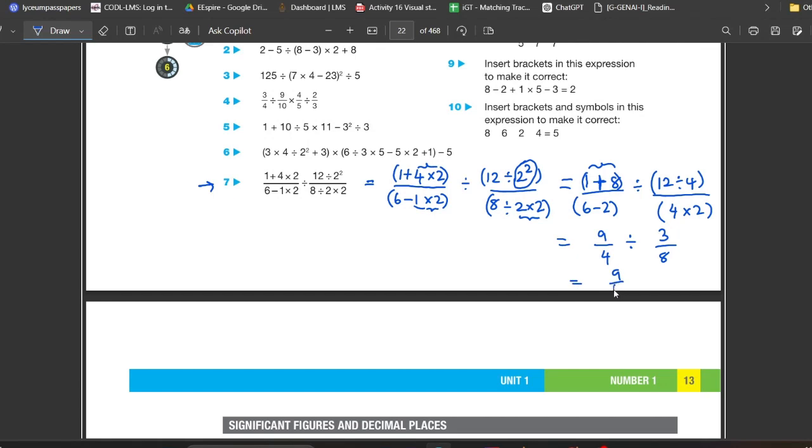So first thing, you have to convert this into multiplication. Take reciprocal over 3. Then cancel the common factors. 4 times 1, 4 times 2. 3 times 1, 3 times 3. So 3 times 2 is 6 over 1, that means 6. I think that's clear.